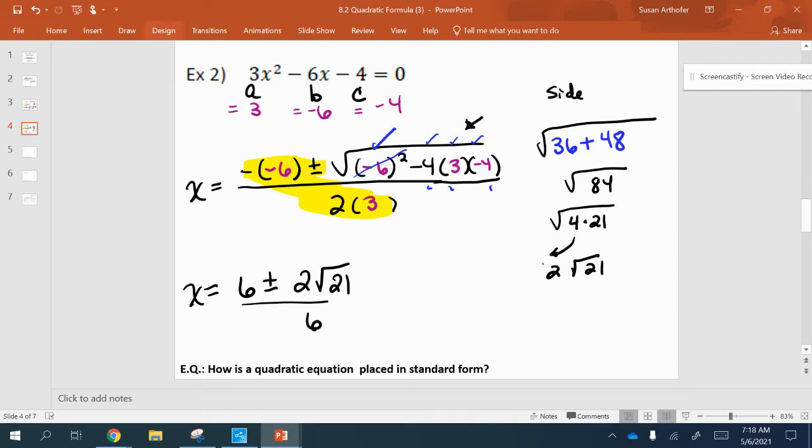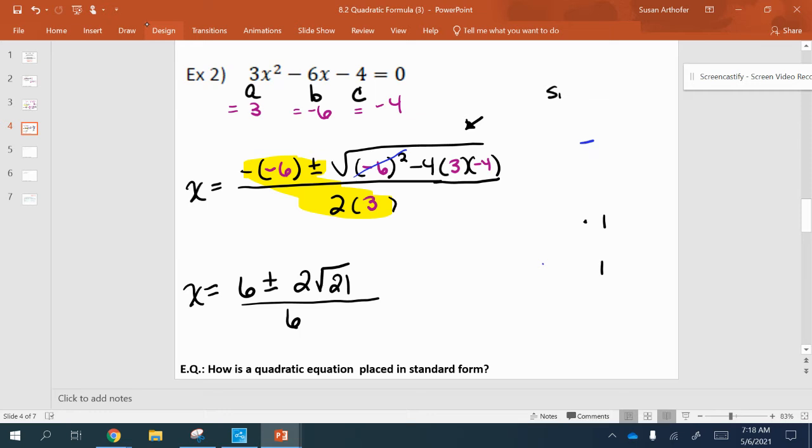I'm going to shorten this line up a little bit. I'm going to center this. Okay. So we did who's out and who's in. Square root of 4 is 2 is out and rad 21's in. So all of that should be done on the side so you keep your work neat, okay? All right. So then we're going to go ahead and check to see if we can reduce this anymore.